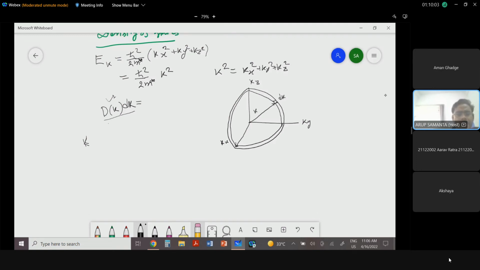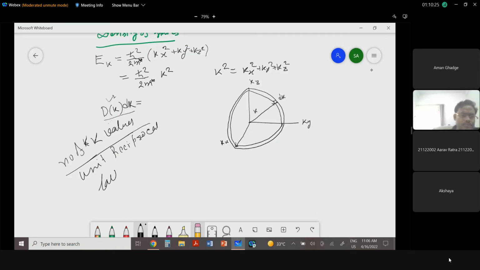This dk value is the number of k values per unit reciprocal lattice volume. This is the meaning of dk.